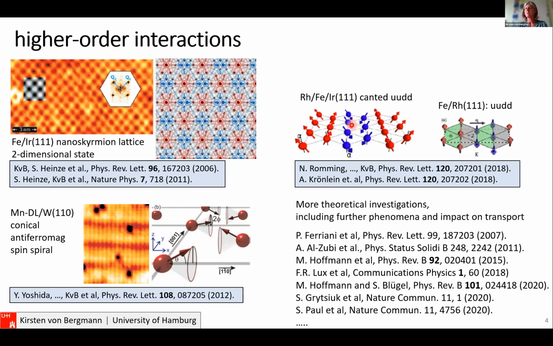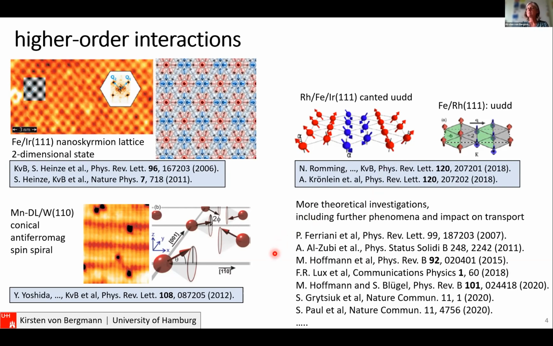So again, it's an iron monolayer now. And one sees that here one has an up, up, down, down state. So a double rowwise antiferromagnetic state. In this case here, the spins are slightly canted due to a competition of the higher order exchange, which favors this collinear structure, and the Dzyaloshinskii-Moriya interaction, which leads to such a canting.